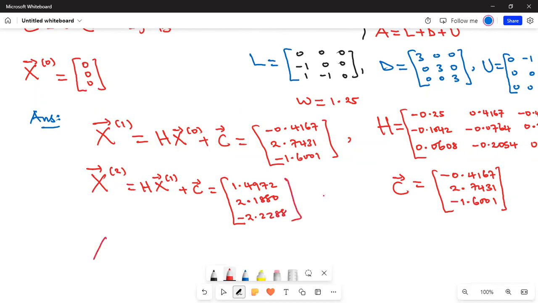And finally x at level 3 will be H times x at level 2 plus c.